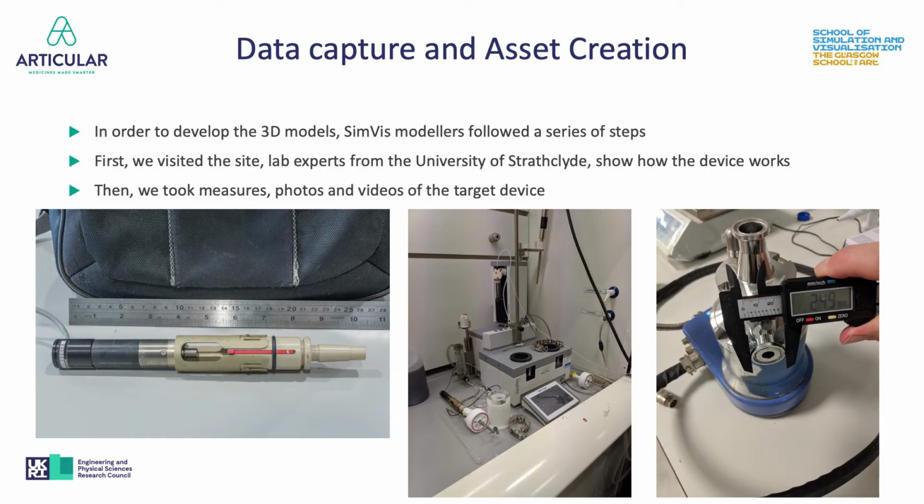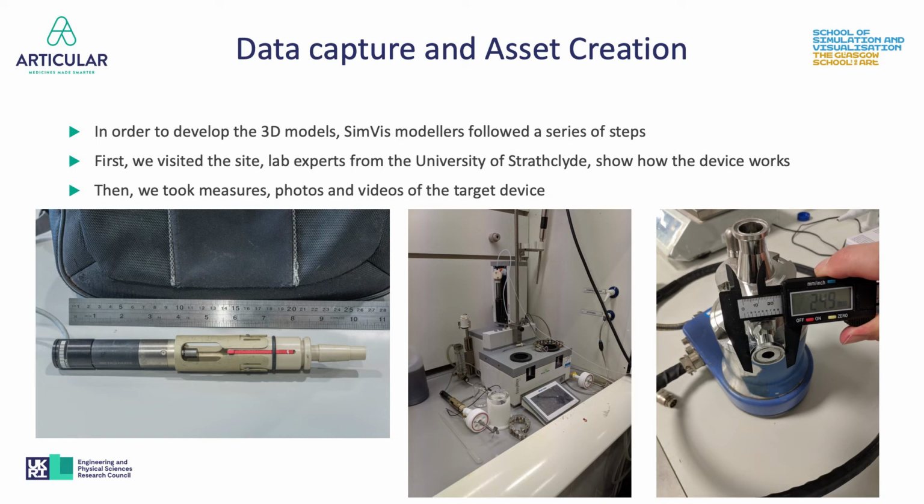So first of all, how can we create these 3D models? First of all, we need to gather the data. We need to know how big these elements are, we need to take measurements, how long each one of the elements is, the diameter.